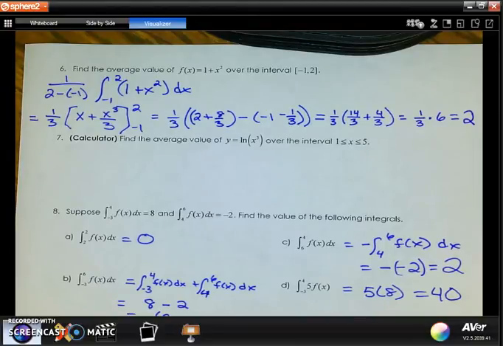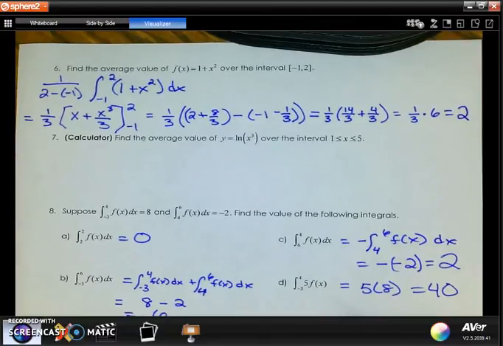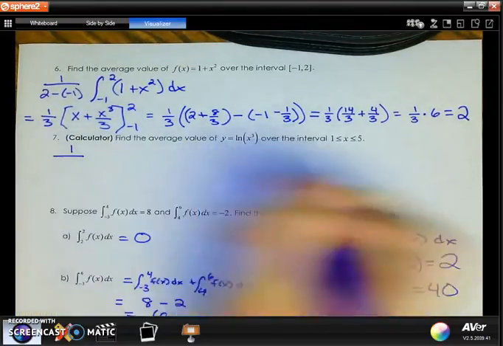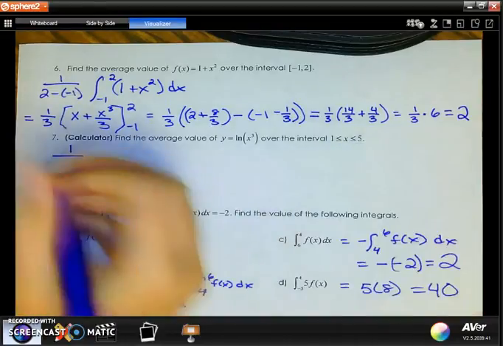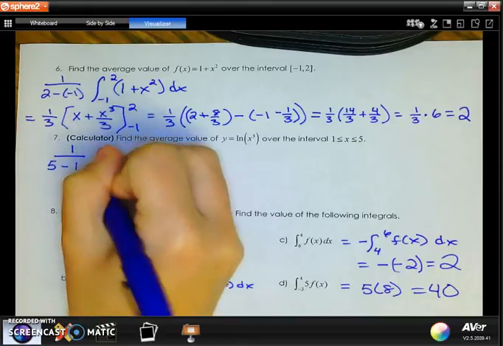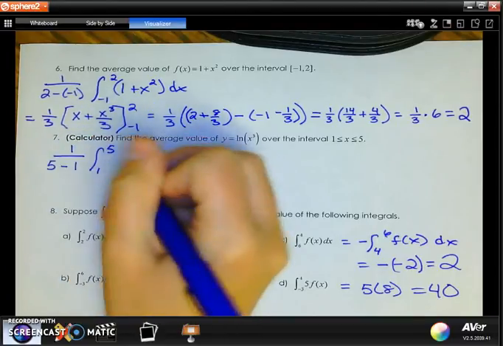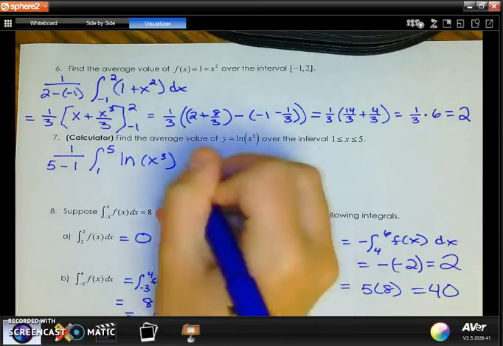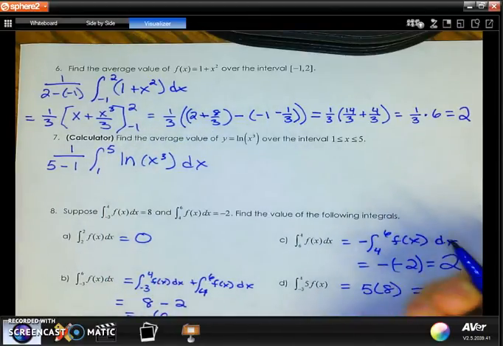If you are allowed to use your calculator, you would do the setup very similarly. Now remember, on calculator problems, I highly recommend that you show what you're doing. So I would say 1 over, this is your a and your b, so it's b minus a, the integral from a to b of your f of x, which is ln of this. Watch your parentheses, okay?